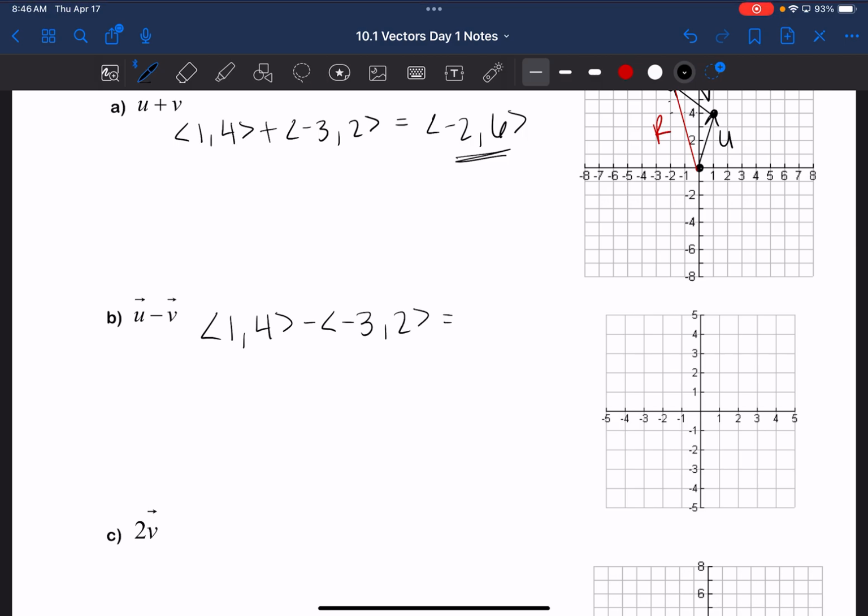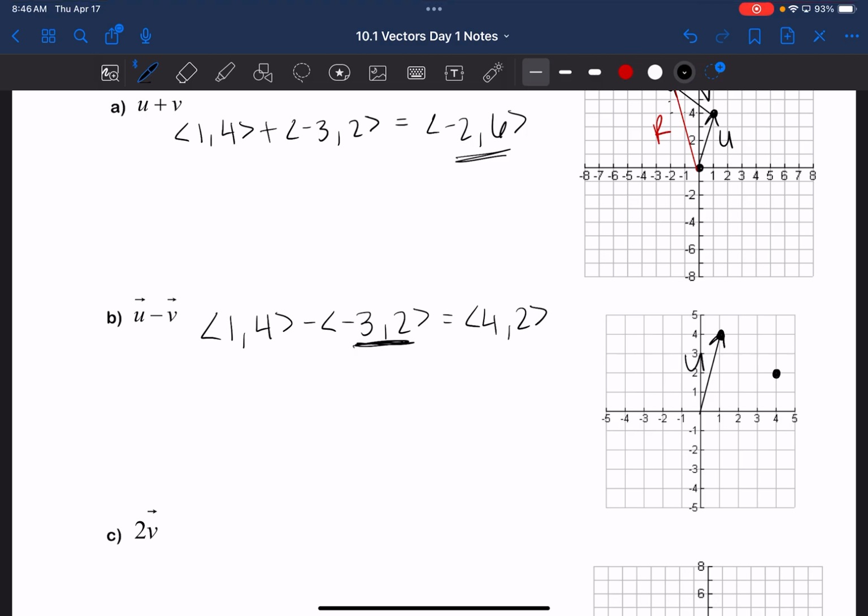All right, so on part B, when you solved algebraically, what did you get for your vector? (4, 2). Okay. And when we graphed it, we graphed u first, which was at (1, 4). Because we're subtracting, we go in the opposite direction of vector v. So it says to go left 3, I'm going to go right 3. It says to go up 2, we're going to go down 2.